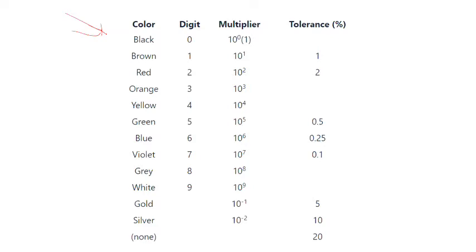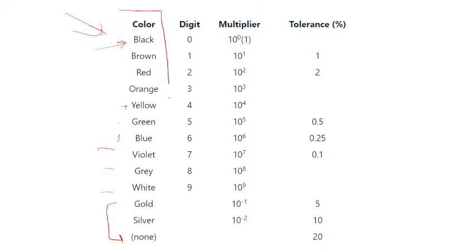It has already been taught to you in your previous classes, so you must have memorized it with the help of a formula which is B.B. Roy of Great Britain, very good wife, having gold silver necklace.